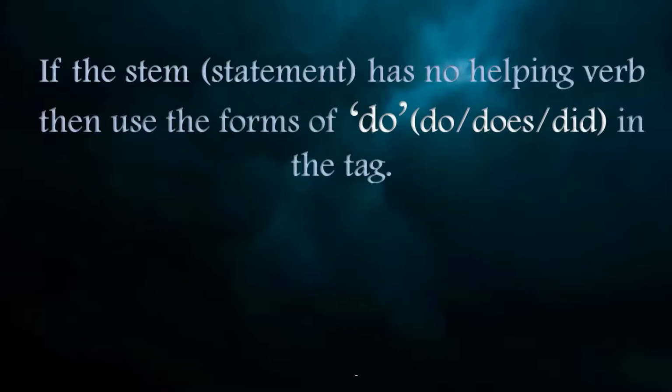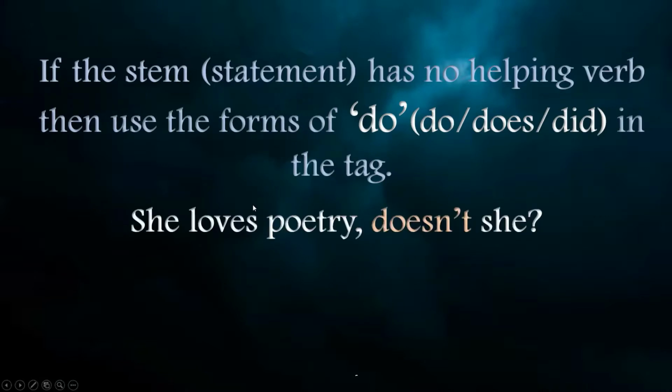Now, what if there is no helping verb in the given statement? In such cases, you use forms of the verb do. Let us look at an example here. She loves poetry. If you look at the given statement, it has no helping verb here. So what you do is you use forms of the verb do.